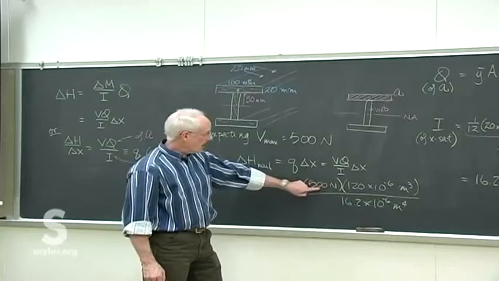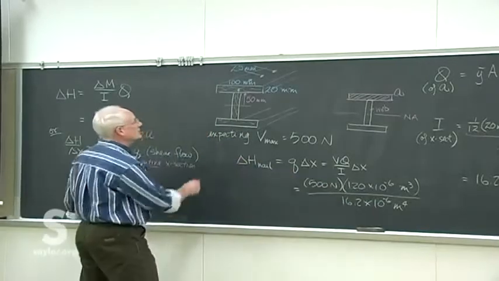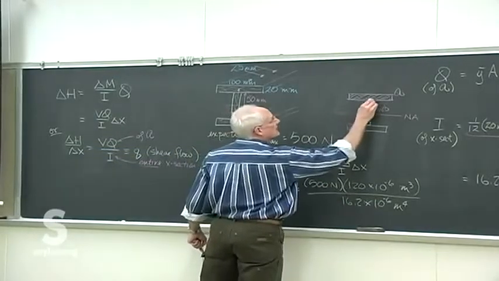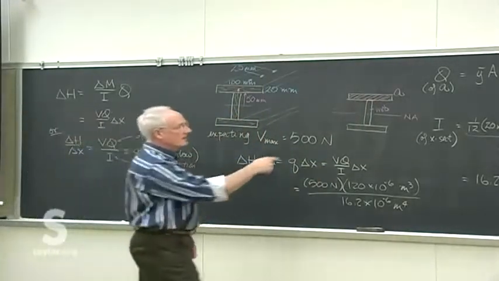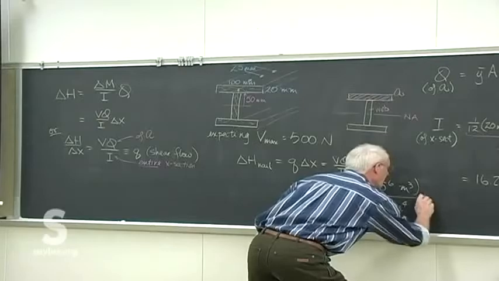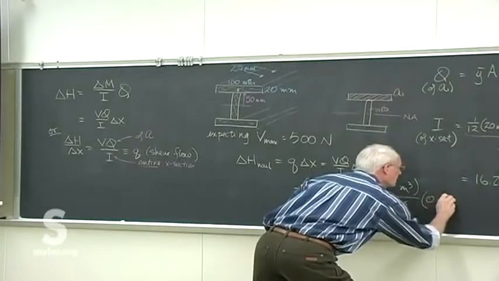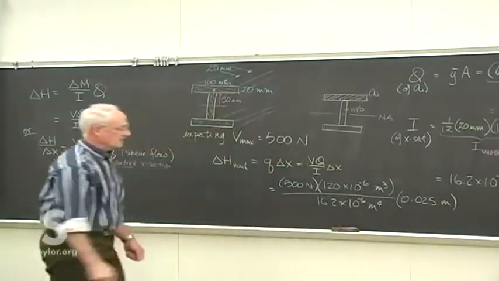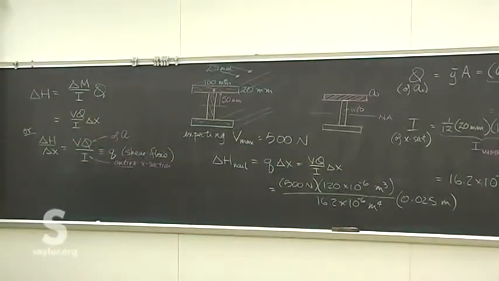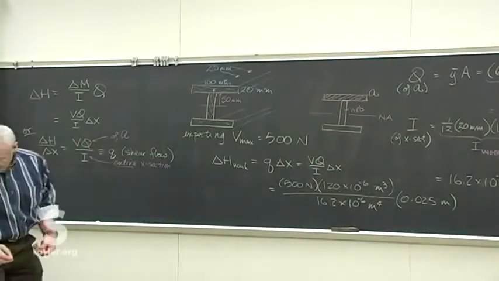So the amount of longitudinal shear, remember, shear down the length of this face per unit meter, but we only want to do it for every nail, and each nail is 25 millimeters apart. So we put that in as our delta X unit length.